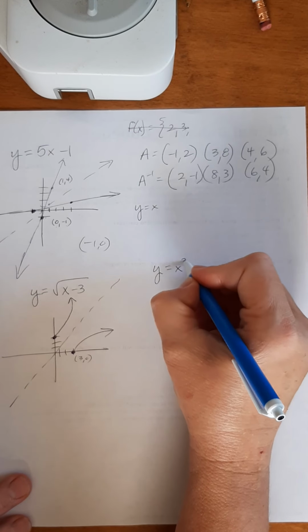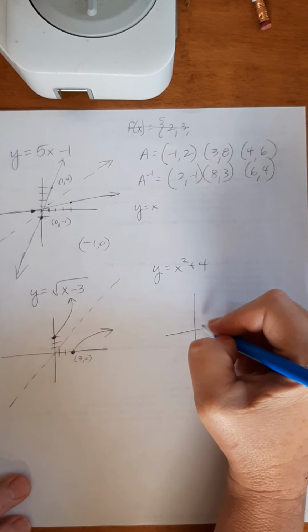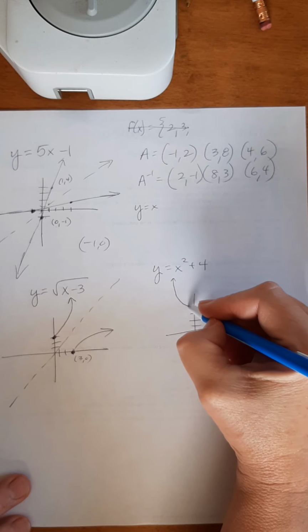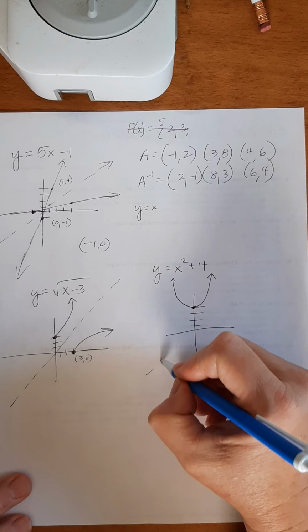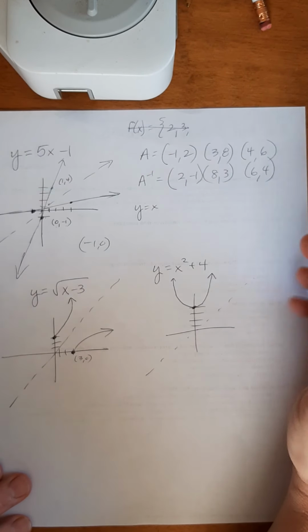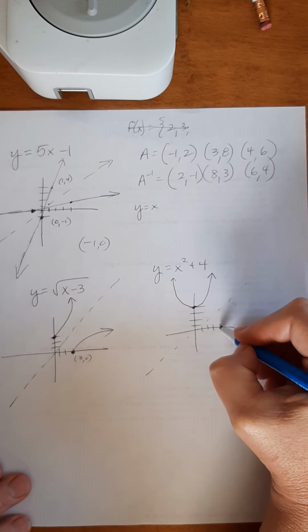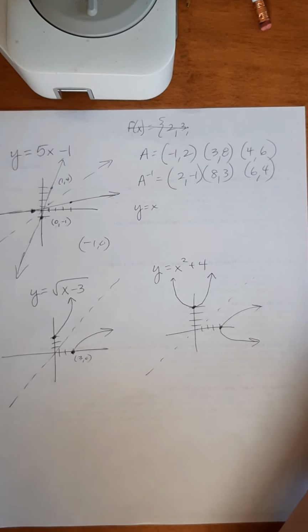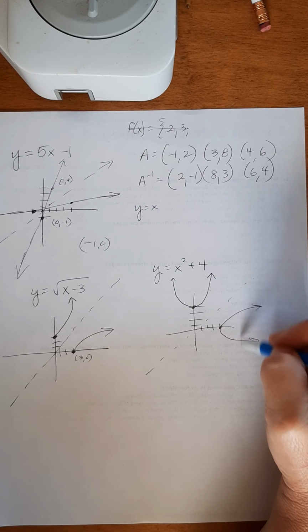Let's go back to this one we did a minute ago. x squared plus 4. We know that's up 4, and a parabola. Well, here's the problem. And I know you're like, oh, well, that's simple. Just go right 4 and do a parabola. Well, the trouble with that, that's not a function.